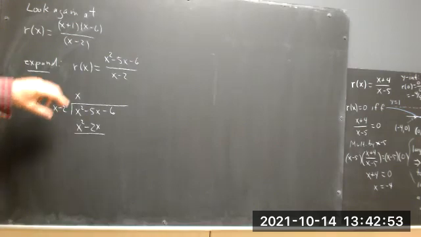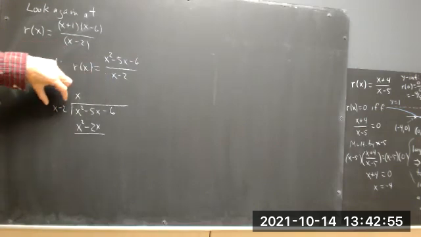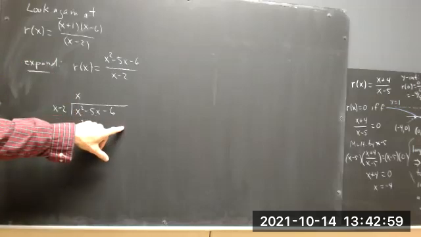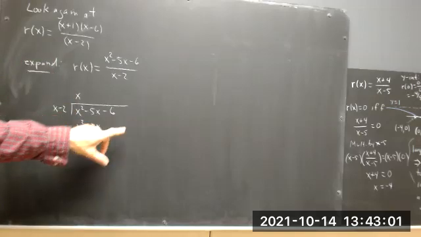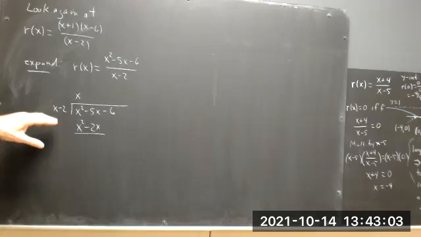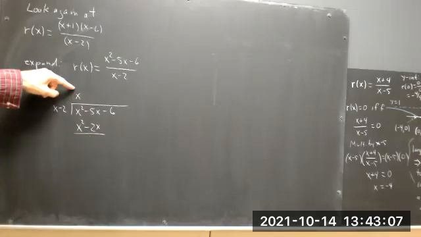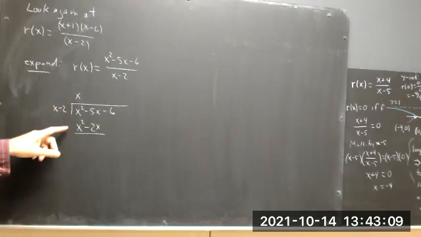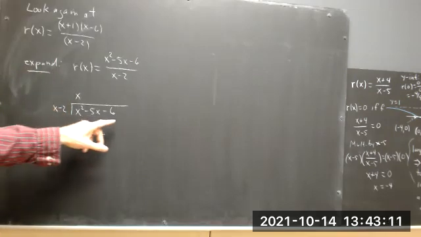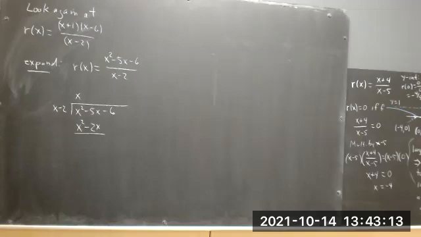Now what we want is whatever we get here multiplied by this to give us this. Okay, so that's what it means to divide. So this times this has to equal this. So far, we've got x here. Then we've got this much of our x squared minus 5x minus 6.